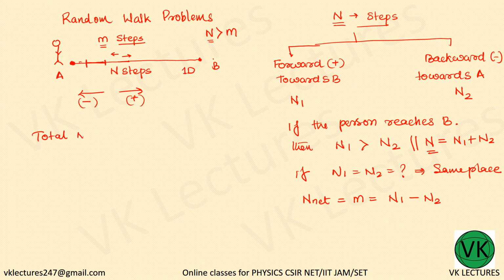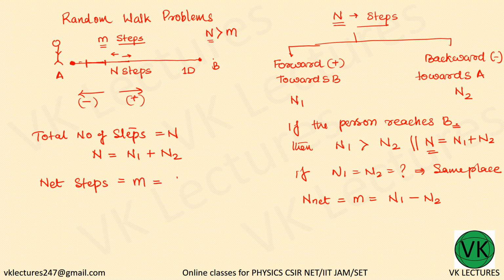Total number of steps, capital N, is equal to forward steps plus backward steps. The effective or net steps means there should be only m steps. So assuming that he reaches the point B, net steps equal to m, which is given by n1 minus n2.